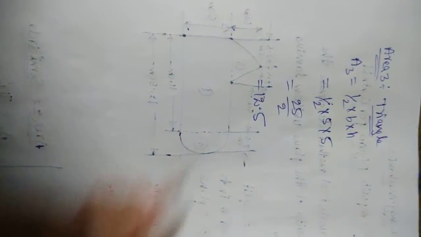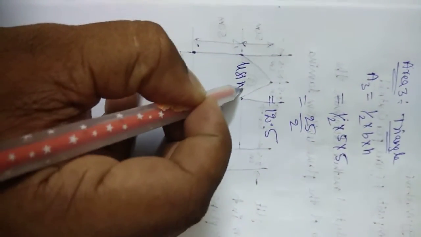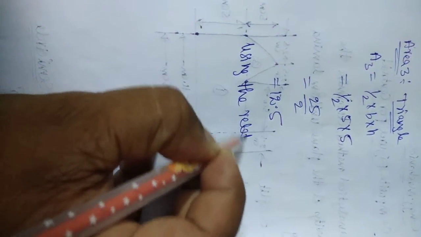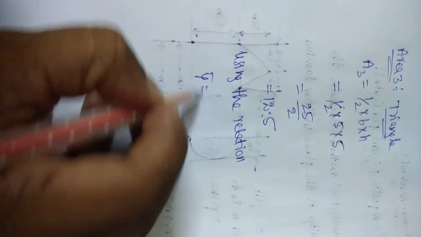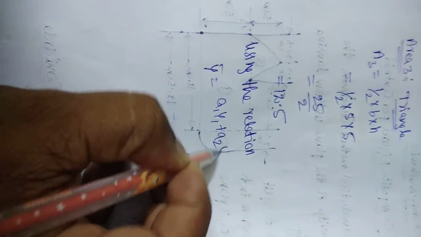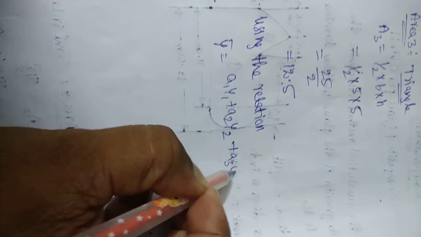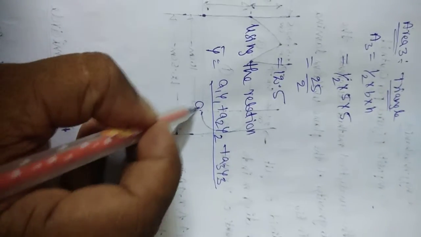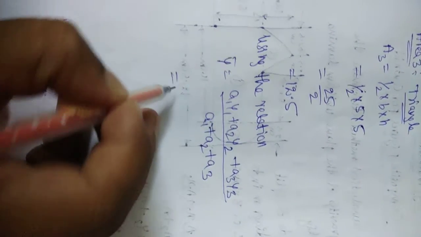Now we are calculating the y bar using the relation y bar is equal to A1 y1 plus A2 y2 plus A3 y3 by A1 plus A2 plus A3.